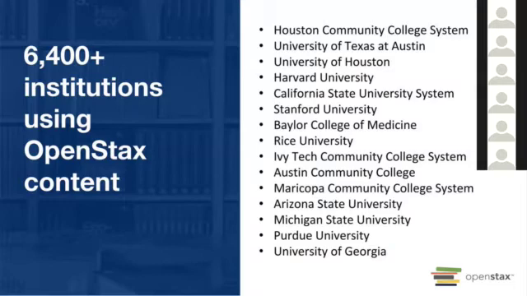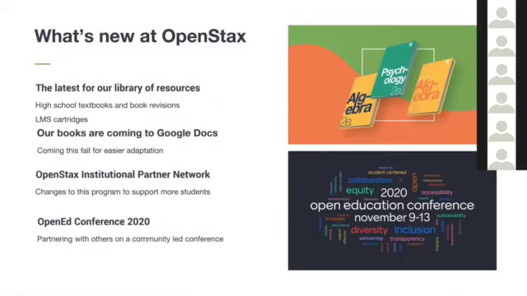So we're really quite excited about that opportunity to continue to grow that list. And in fact, now in the United States, more than 60% of all degree granting institutions are using at least one OpenStax title. So I'm going to give you a little bit more information about what's new at OpenStax.